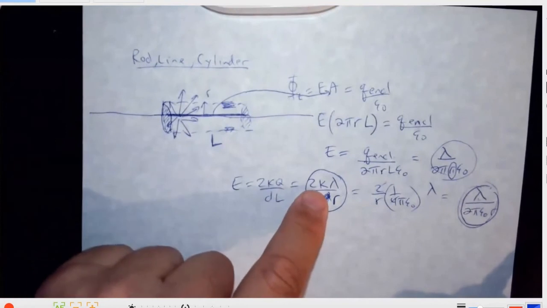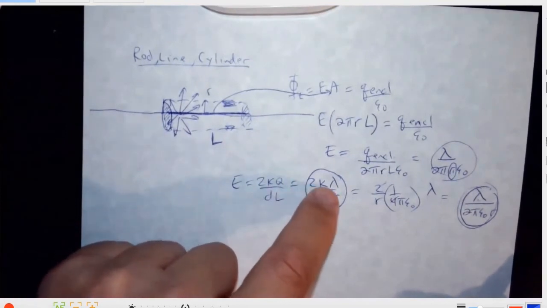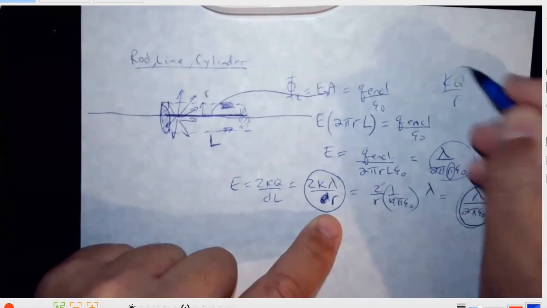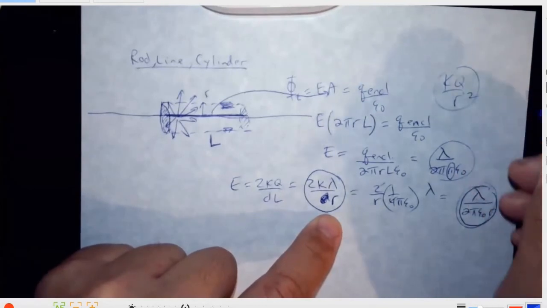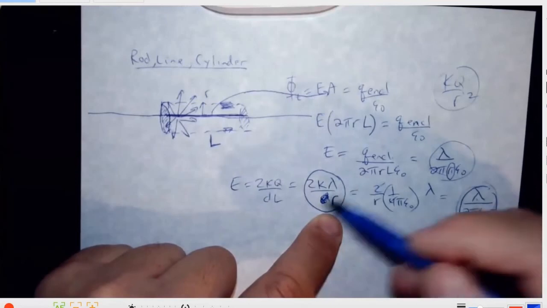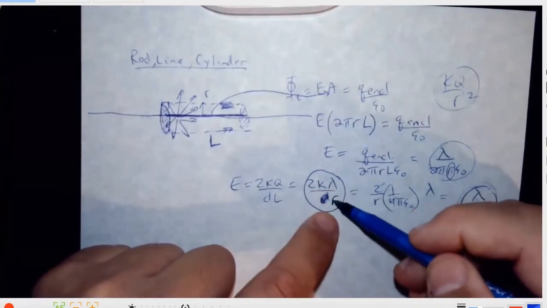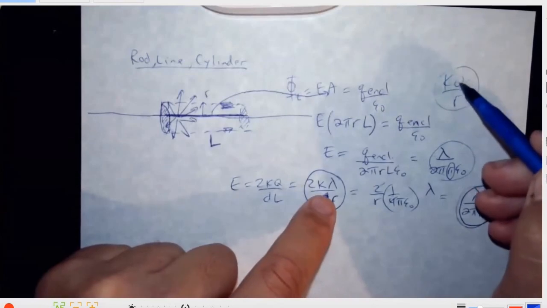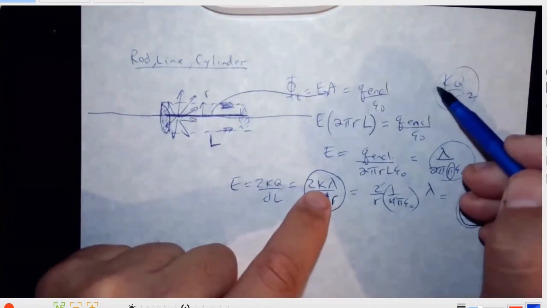I sometimes like this way because it reminds me of the kq over r squared. So kq over r squared is the electrical field of a point charge. 2k lambda over r is the electrical field of a cylinder. So it kind of looks like that, except you've got 2.